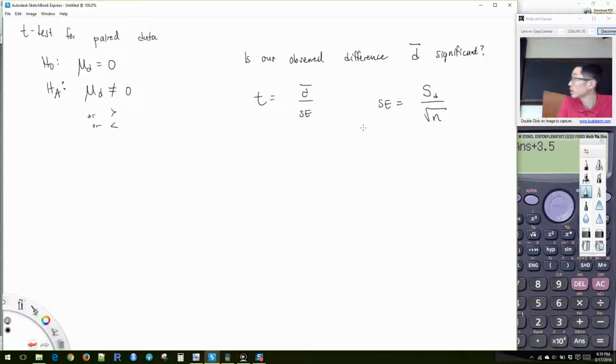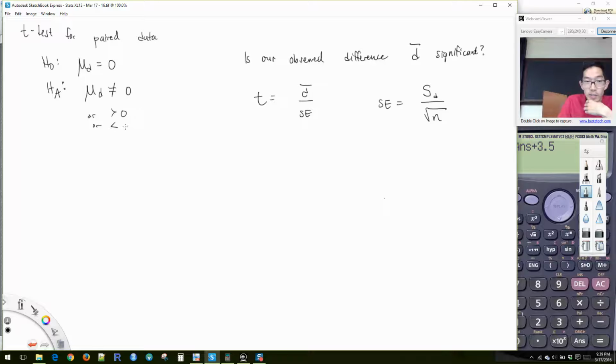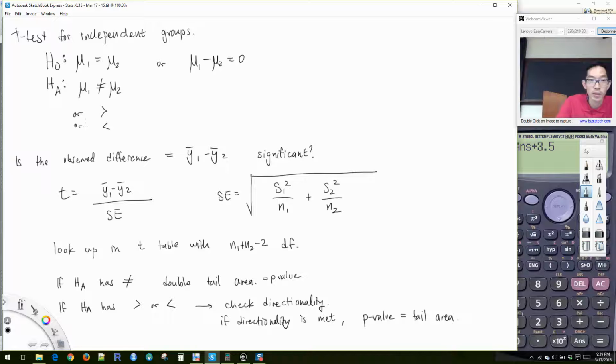For the greater than and less than sign, it's 0. It has to be greater than 0 or less than 0. And for the one before that, it's mu1 greater than mu2 or mu1 less than mu2.